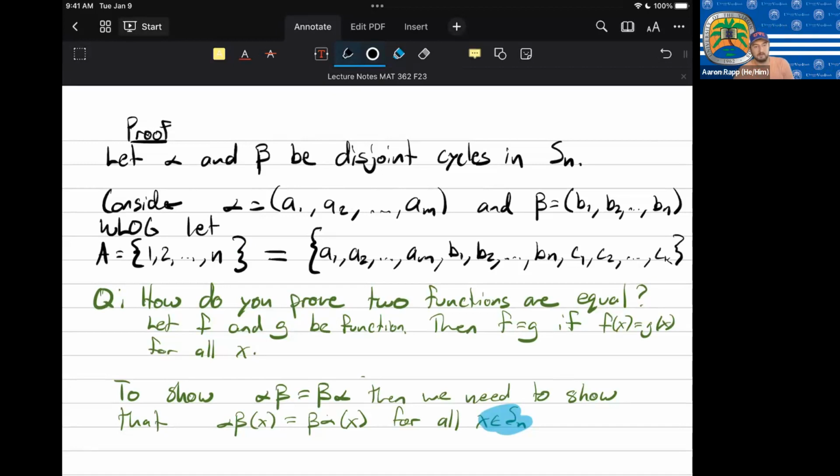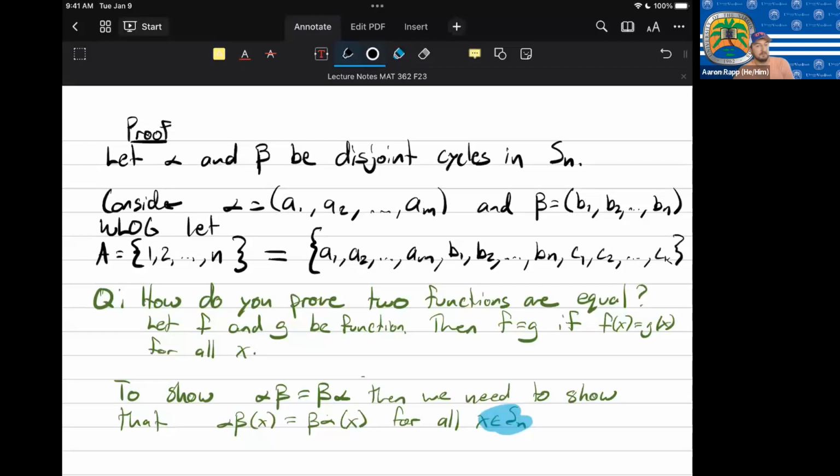I'm even getting tongue-tied now, so I'm going to stick with Sn so I don't confuse you too much. Sn is the set of all permutations on a set with n elements. In this case, the set of elements that I'm permuting is that set capital A.